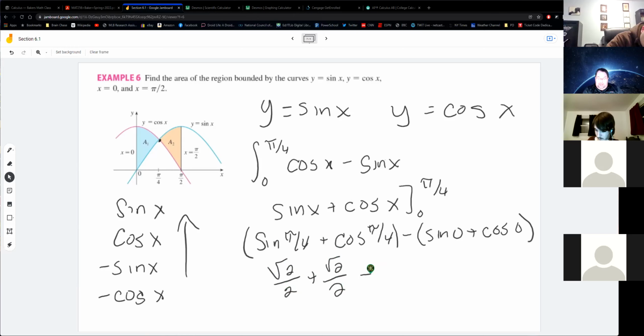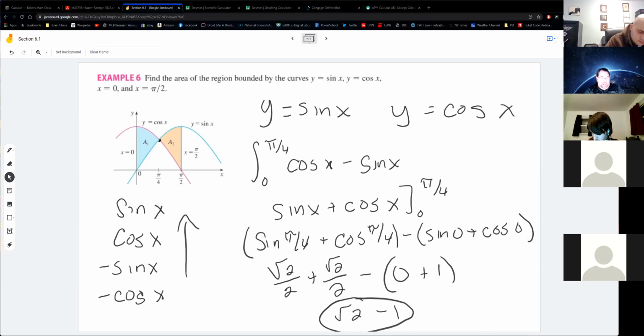And then sine of 0 is 0, and cosine of 0 is 1. So we end up getting square root of 2 minus 1 for that side. So that's the first step, that's this half right over here.